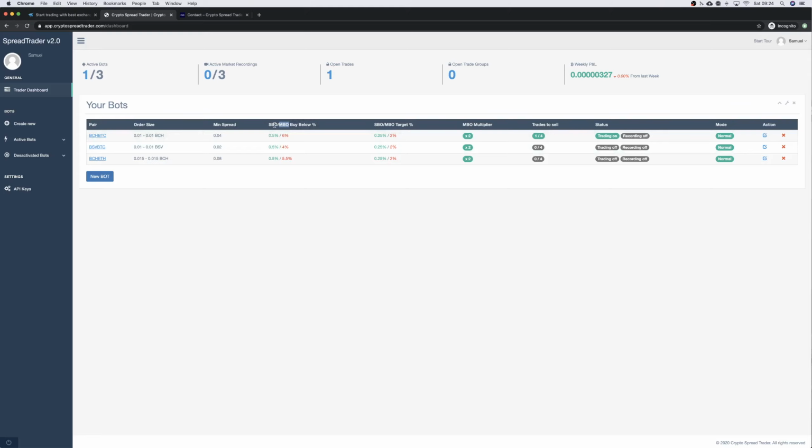If it's a single buy order, we'll have a specific trigger to buy and a specific target. The target will not be the same if you have multiple buy orders. We are going to review all this in detail. Here you have the multiple buy order multiplier.